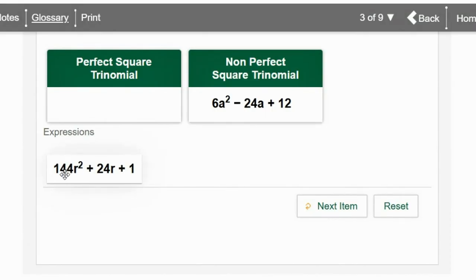So this is 12r squared. 1 is just 1 squared, so that's a perfect square. If I multiply 12r times 1, I get 12r, and if I double that, times 2, I get 24r. This is a perfect square because this is a squared, this is b squared, and this is 2 times ab, 24r. They say it's not always easy to recognize.